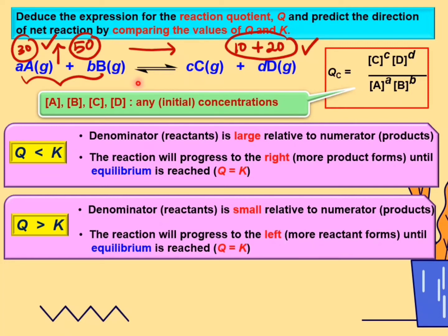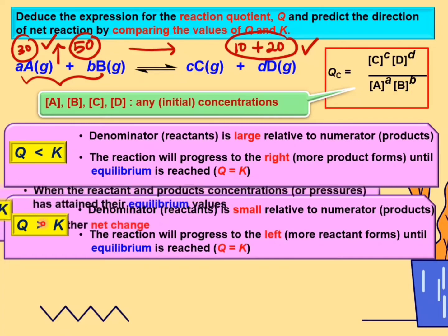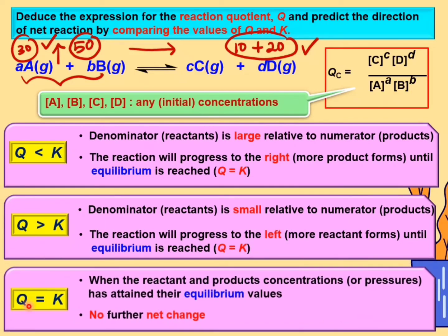Nampak tak? Okay, so awak bayangkan 50 ni duduk sebelah sini, 10 ni tadi duduk sebelah reactant. So dia akan shift to the left. Itu maksud dia. And then if the value of Q equals to K, so the reactant and product concentration or pressure has attained their equilibrium. No further net change. Maksudnya dia takkan shift to the right or shift to the left. It means that the system already at equilibrium.